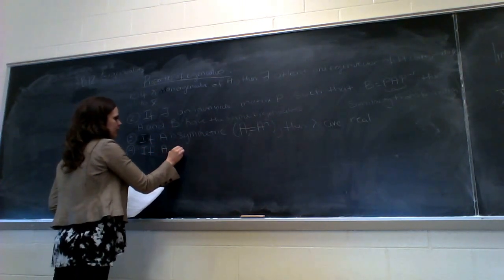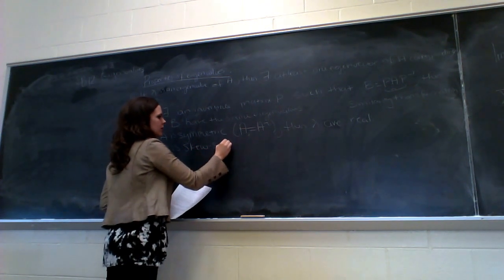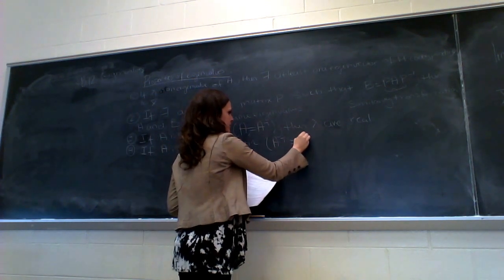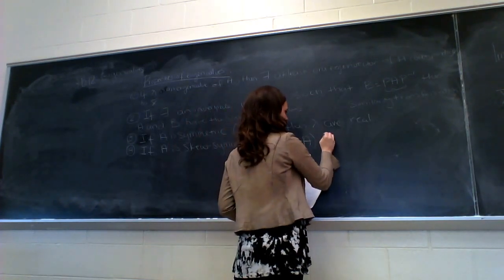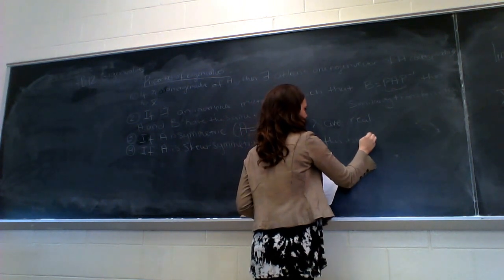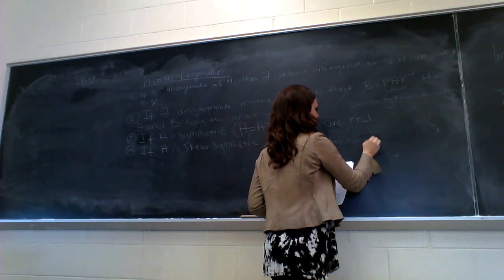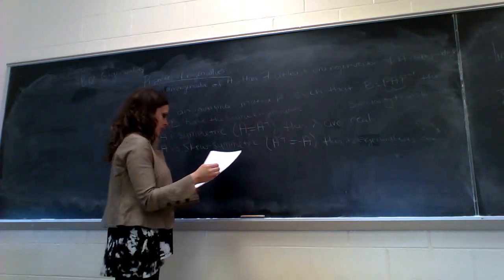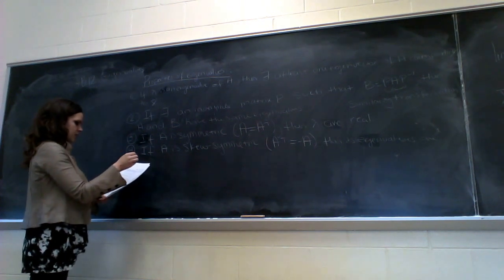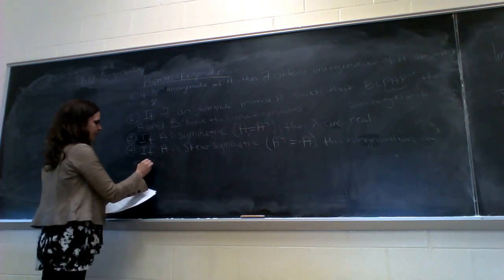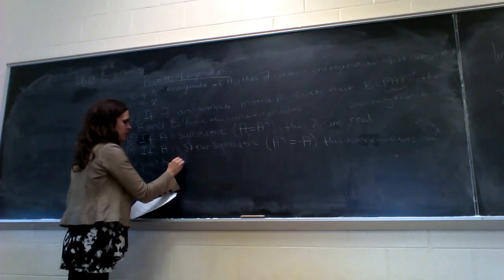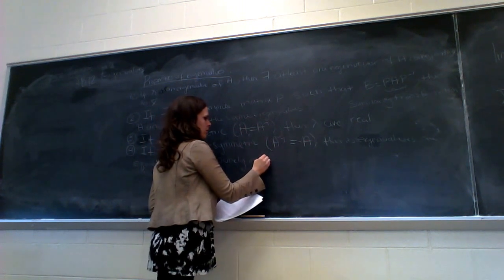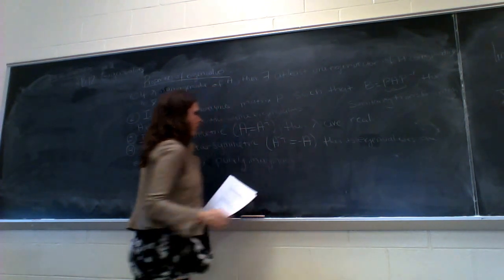So if A is skew symmetric, meaning that A transpose equals negative A, then the eigenvalues are equal to 0, or they're purely imaginary.